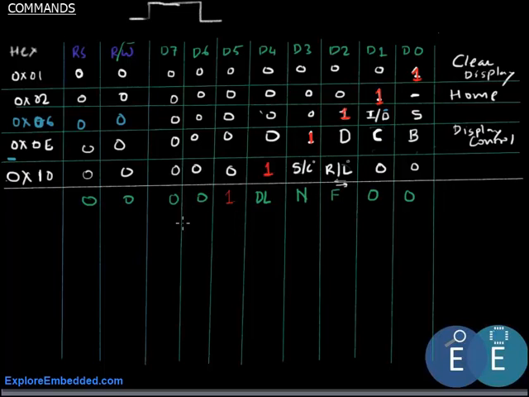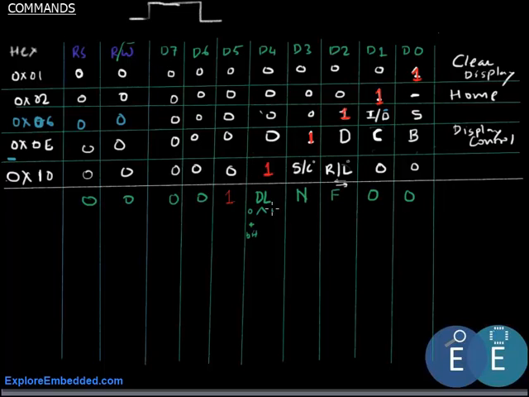So now what you could see here is, if this bit is 0, then the display length that is selected is 4 bits. It means that out of the 8 lines that are used for the display, as we have discussed before, only D4 to D7 will be used for the interface.